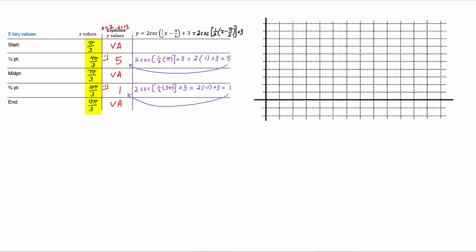Looking at our x values, they all have a denominator of 3, so we'll want to go by pi over 3's. So we've got pi over 3, then 2, 3, 4 pi over 3, then 5, 6, 7 pi over 3, 8, 9, 10 pi over 3, 11, 12, 13 pi over 3.